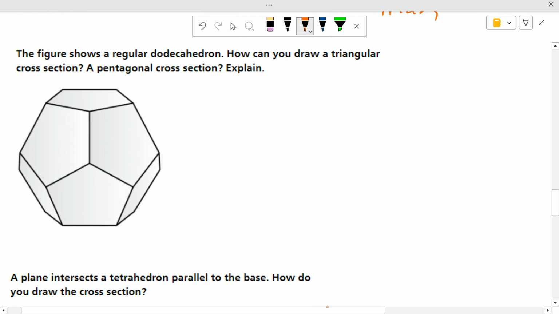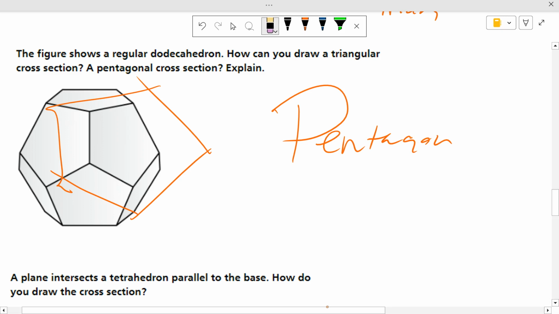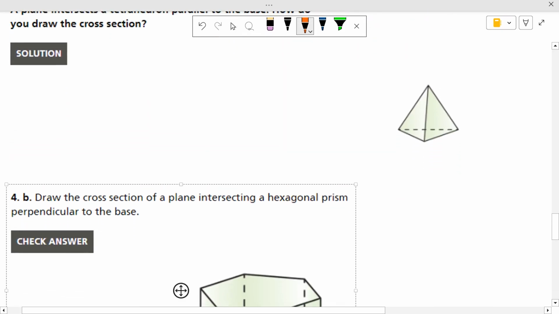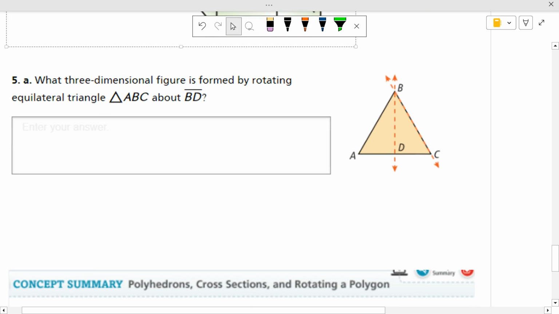If I go parallel to this, what did I just make? A pentagon. If I just cut off a little corner of this, what do I make? Triangle. Okay? So if I cut this off any way I go, what is this going to be? Triangle.